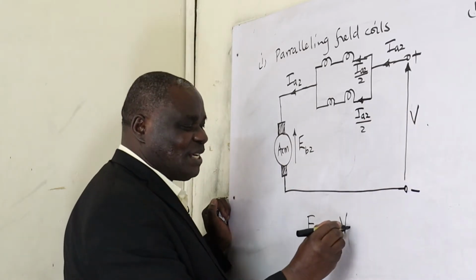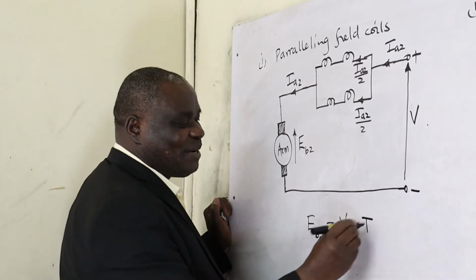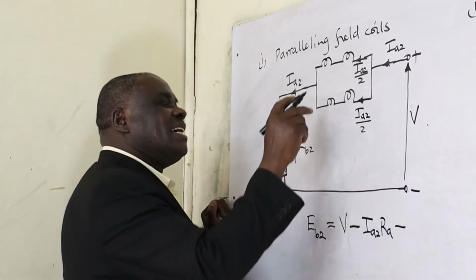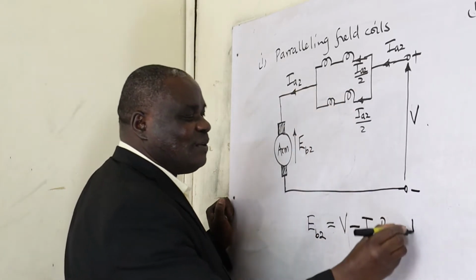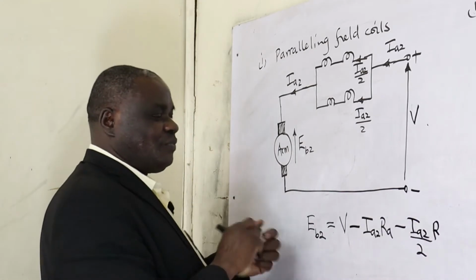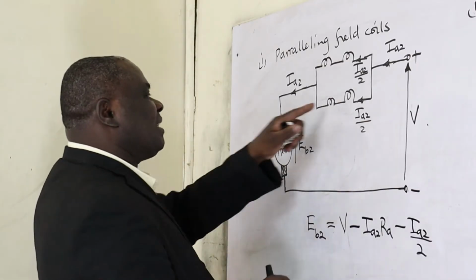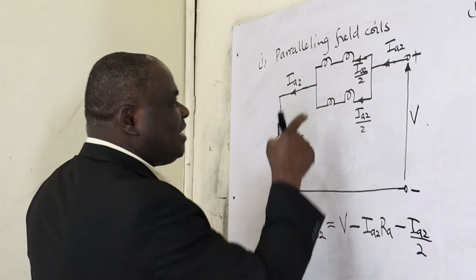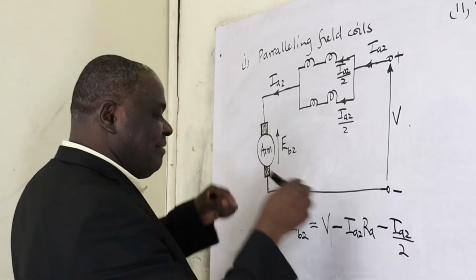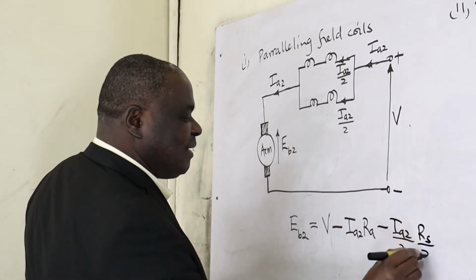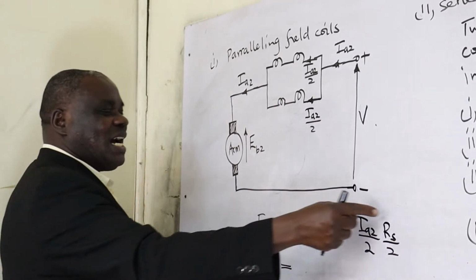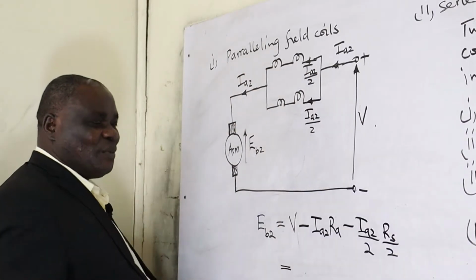So EB2 will be equal to V minus the drop across the armature, which is IA2 RA, minus the drop across the field coil, which will be IA2 over 2 multiplied by the resistance of the field coils. The field coil resistance was originally RS, but now it is halved, so it will be RS over 2.